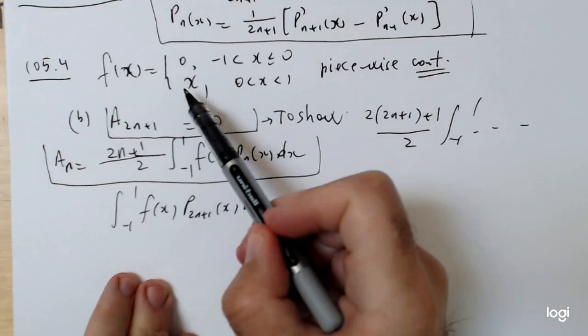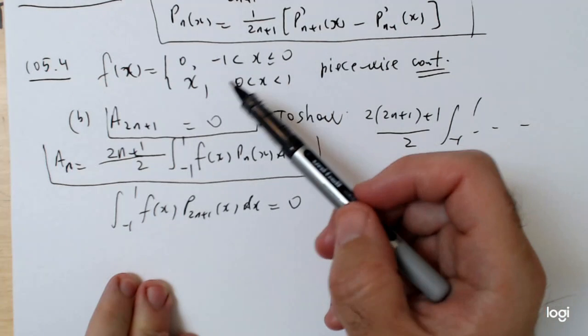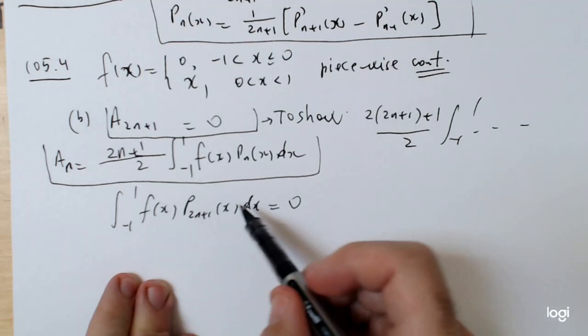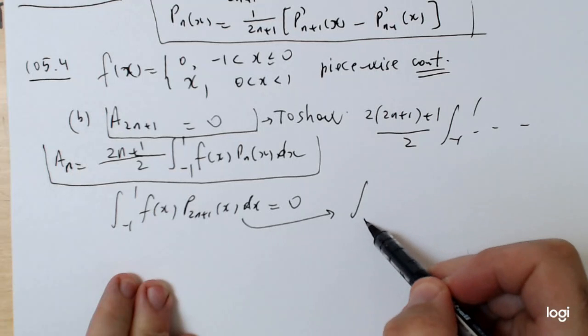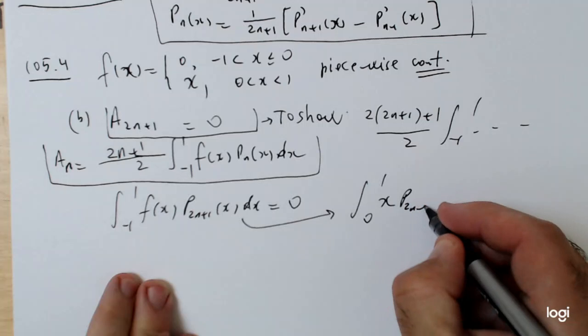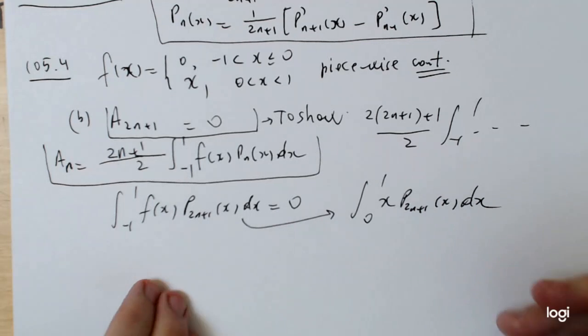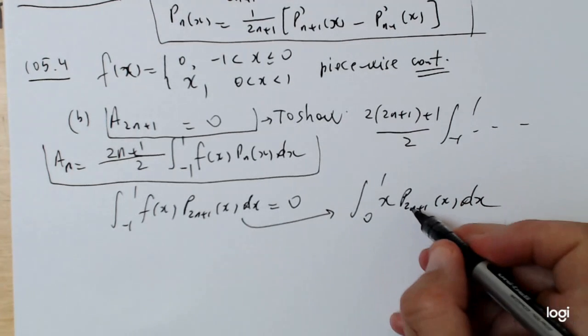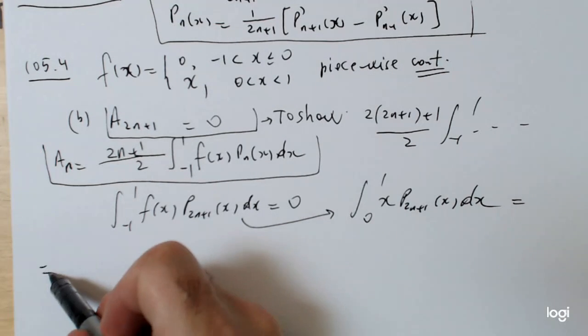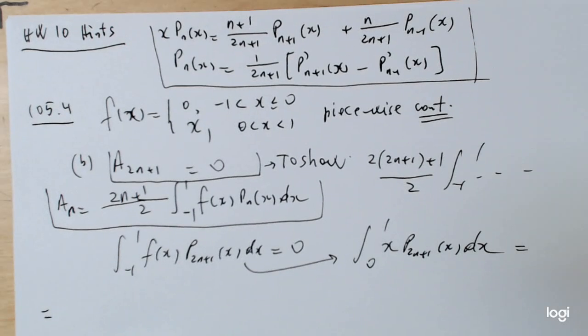Now, because the function is piecewise, 0 from -1 to 0 and x from 0 to 1, this integral is going to be from 0 to 1, because the first portion is 0, of x p2n plus 1 of x dx. So you basically have to compute this integral between 0 and 1. And I mentioned this before, but one more time, if you look at the recursion formulas here, just make sure you make that substitution carefully, because that's the tedious part.